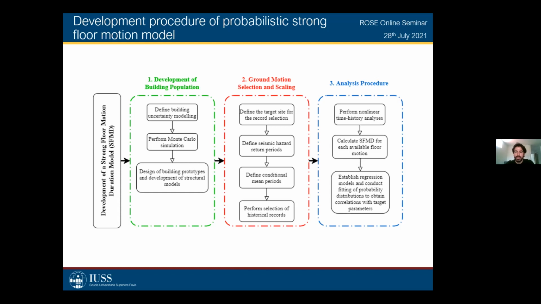Second, we have the ground motion selection and scaling, which is the selection of all the ground motions and the different return periods that we're going to consider for the development of the probabilistic model. And finally, we have the analysis procedure, in which we perform all the analyses and do all the post-processing of the results, in order to try to understand how this parameter behaves and what we can do with it.